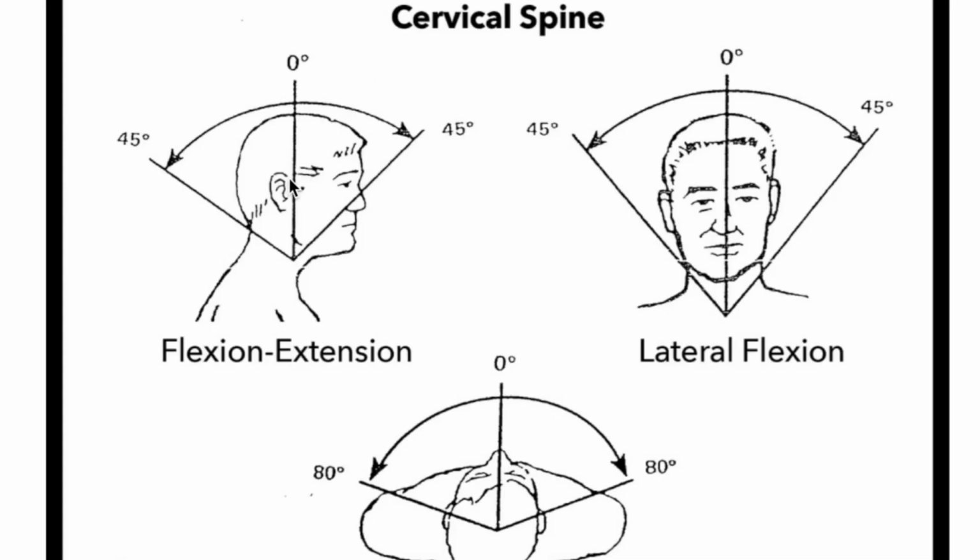And then here's another graphic of the cervical spine. So when they're talking about 0 degrees being straight up, when you're bending forward, they're going to try to get you to go all the way to 45 degrees. If you can only go to 5, like right here, and this is where you're feeling pain, stop right there. The doctor may say something like, oh, you could go a little farther.